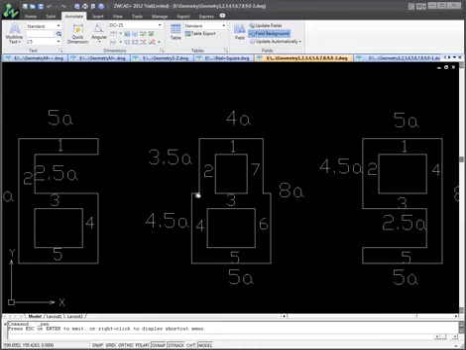So this is vertical, but it goes to 3.5A here and 4.5A here. So the difference of A has come in. These dimensions we know now. It's not difficult to find area as well as internal and external perimeters. Both are workable.